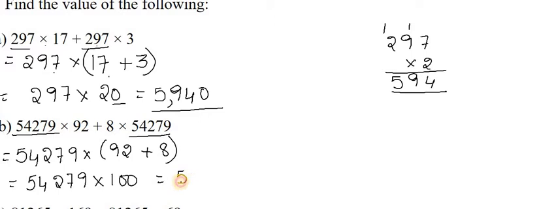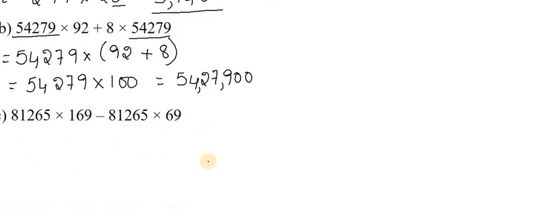So just simply add 2 zeros in the last. Yes, that is the easier way of multiplication with tens, hundreds, thousands, like that. So 54 lakhs 27,900.